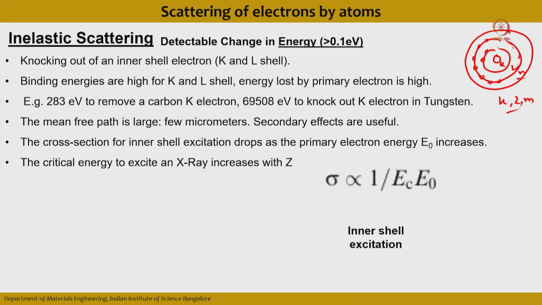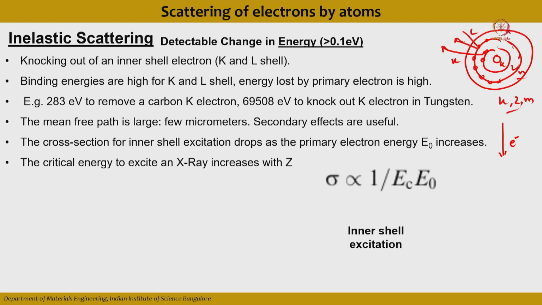So, inner shell excitation means the primary electron beam will travel and knock out the inner shell electron, either K or L shell. This is the L shell, this is the K shell.